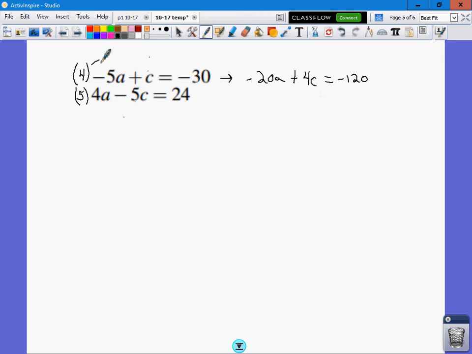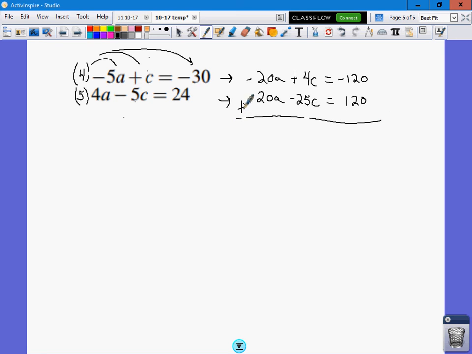Make sure that every individual piece on both sides of the equation gets multiplied by that. I'm going to do the same thing on the other equation. 5 times 4a is 20a. 5 times the negative 5c, negative 25c. 5 times 24, 120.